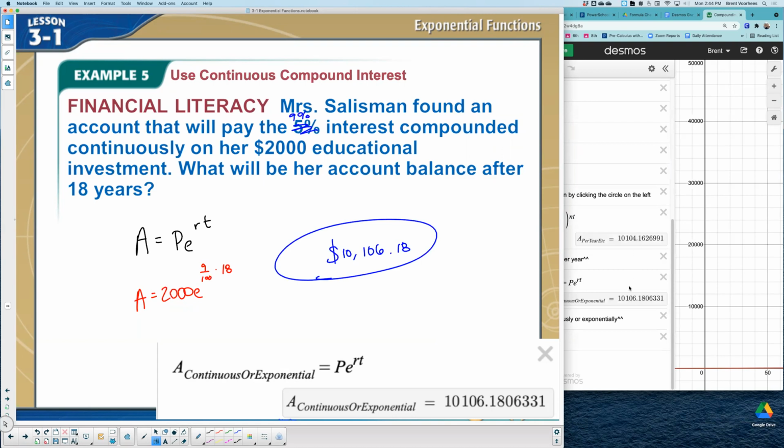Yes, it's only a $2.02 increase going from daily to all the time. The more often the interest is compounded, the quicker it will add up. So going from quarterly to monthly to daily to continuously, it should always be increasing.